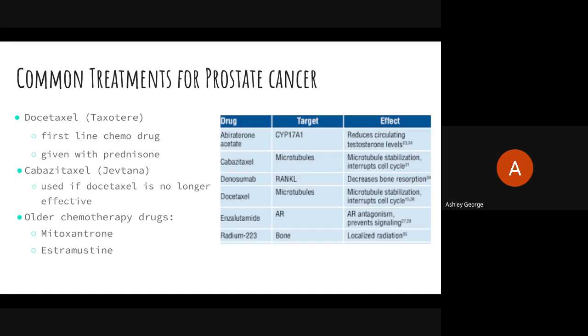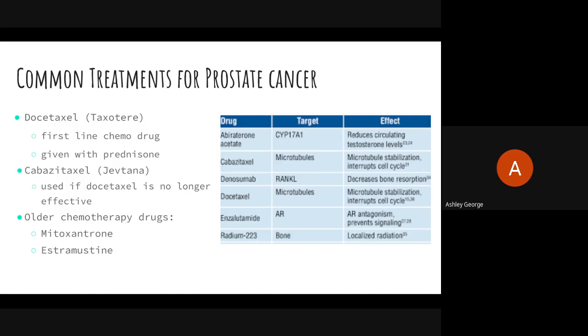So it inhibits the ability of the receptor to bind to DNA and regulate genes that promote cell growth in prostate cancer. And that is, as you can see on the right, what it says: AR antagonism. It prevents the signaling that's part of the AR pathway, which we will discuss in a couple of other slides.